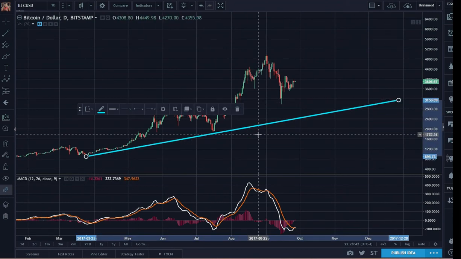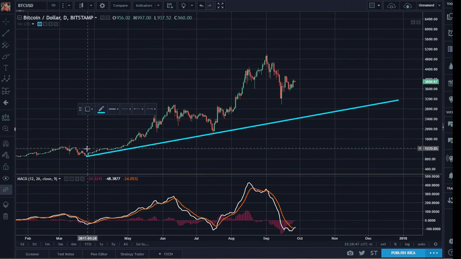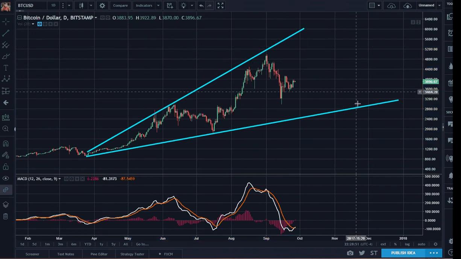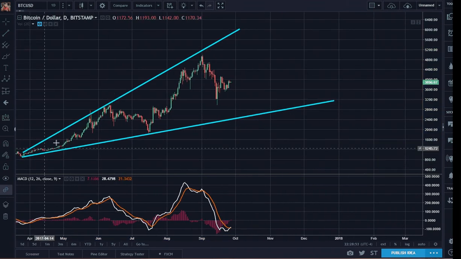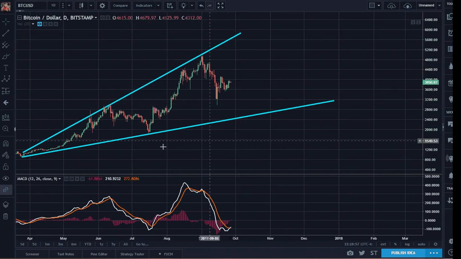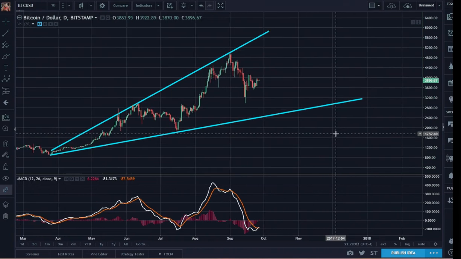All right. Here is the bottom line. Here is the top line. This is a broadening wedge pattern.